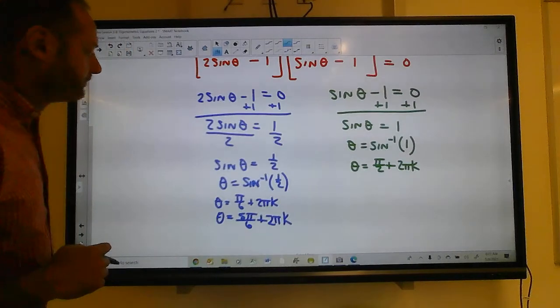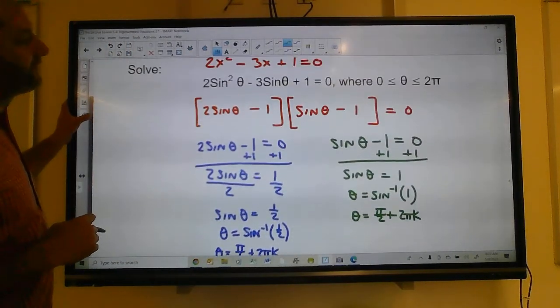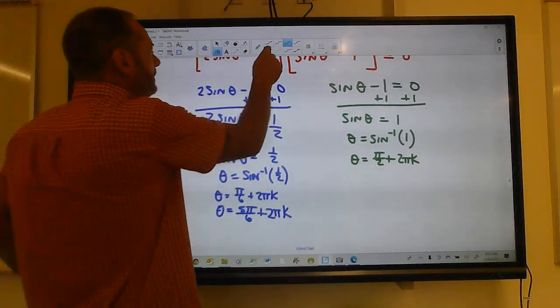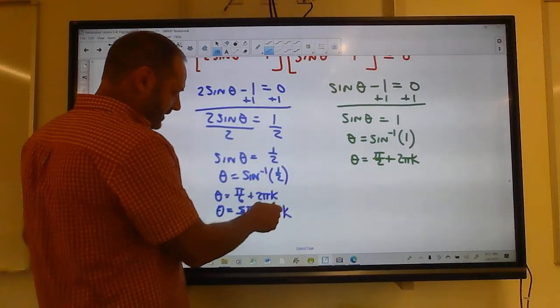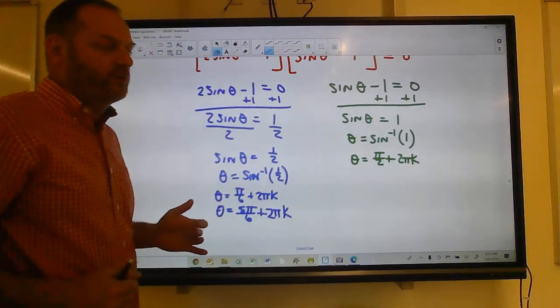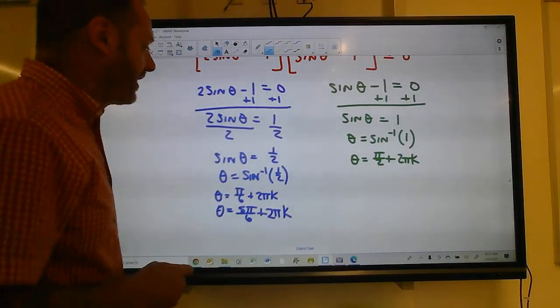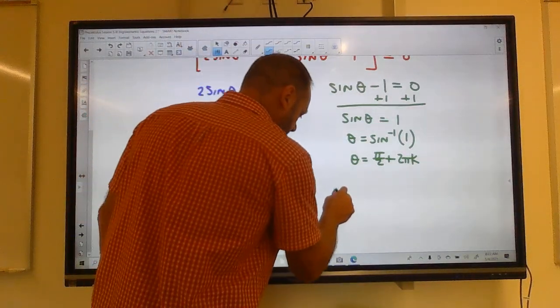All right, now I only want the solutions between 0 and 2 pi, so that makes this easy. I don't need the plus 2 pi k because if I add 2 pi to any of these, I'm going to be outside of the range 0 to 2 pi. So I have three solutions.